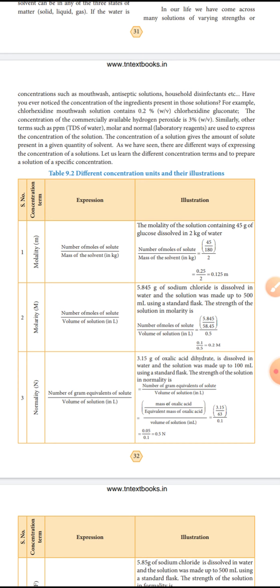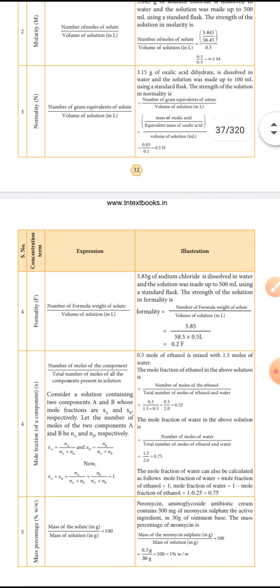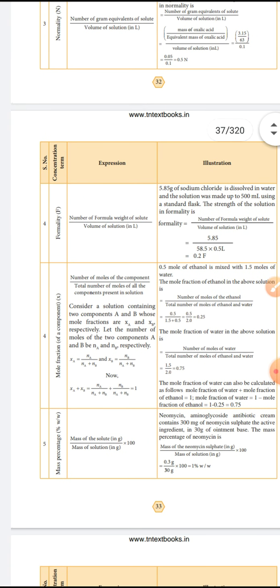Here the solute is sodium chloride, 5.845 gram, molar mass 58.5, divided by the volume of solution. Here 500 milliliter is given, converted into liter, 0.5 liter. Like that, problems are given. So the next one is formality.